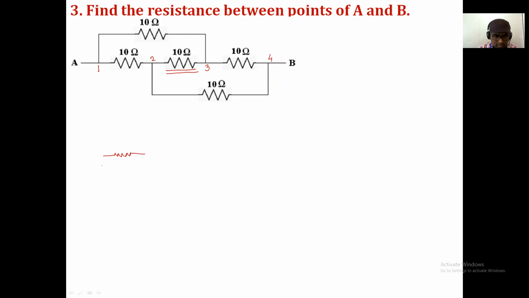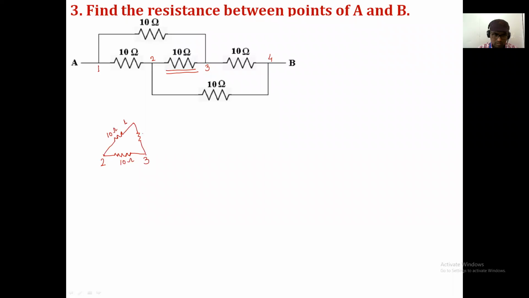Let me consider that this is point number 2 and this is point number 3, which is of 10 ohm. Is it right? Then between point number 2 and point number 1, a 10 ohm resistance is present. So here I say that this is point number 1, and between point number 1 and point number 2, a 10 ohm resistance is there. Similarly, between point number 1 and point number 3, another 10 ohm resistance is present.